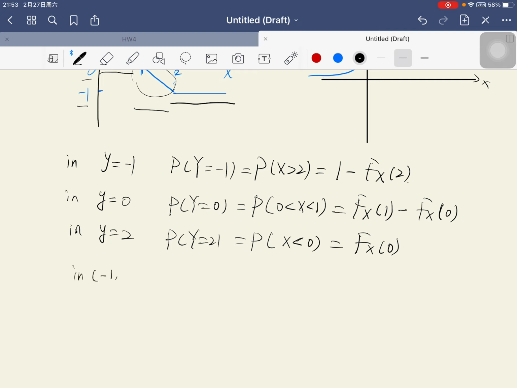For y in the interval from -1 to 0, y is equal to -x plus 1, and for the density function of y we could use the formula: the density function of x over the absolute value of the derivative of g(x).